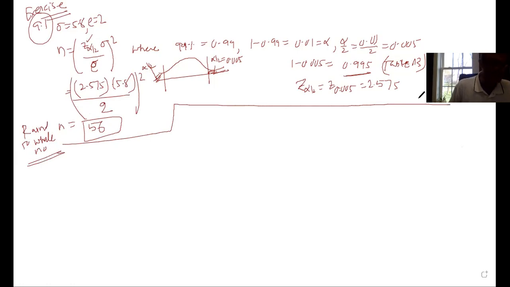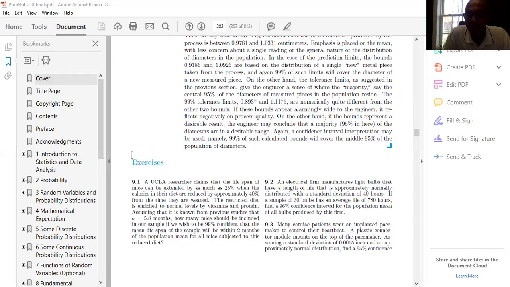So that is my example 9.1. I would like to go for my next example, that is 9.2. Let me read that example now. Let me stop sharing and let's go for the book again. So 9.2 says that an electrical firm manufactures light bulbs that have a length of life that is approximately normally distributed with a standard deviation of 40 hours.